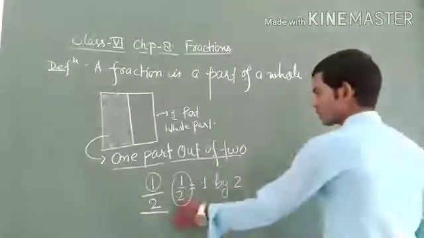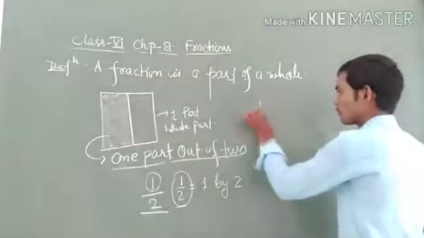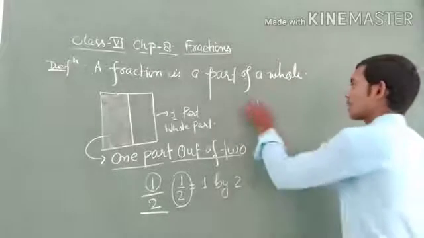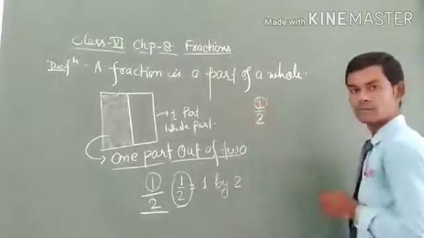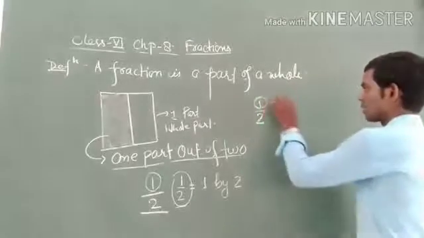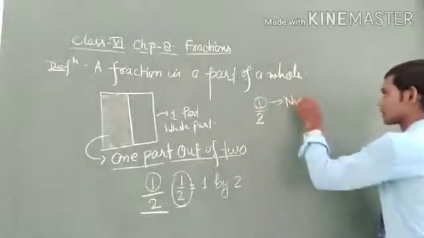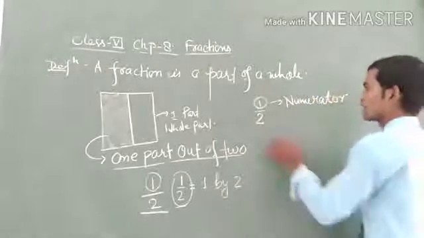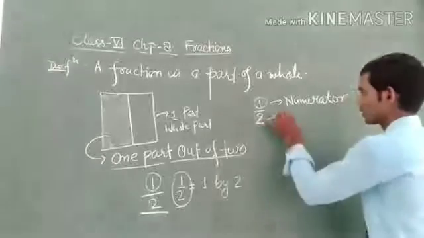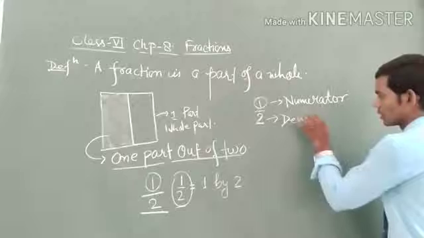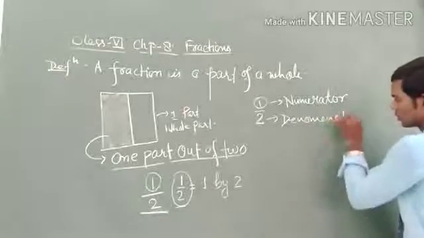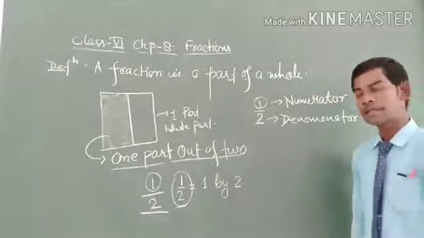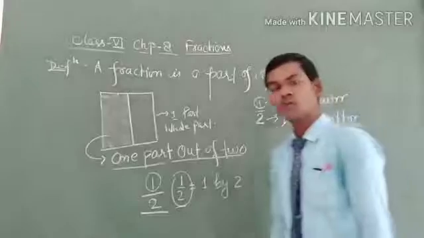Here 1 upon 2 is the fraction, and the upper part is known as the numerator, and the lower part is called the denominator of the fraction. So we can say that a fraction has two parts.